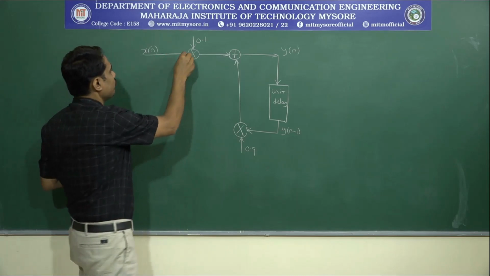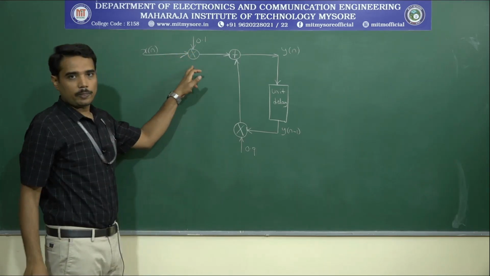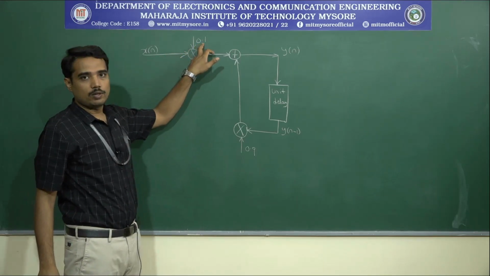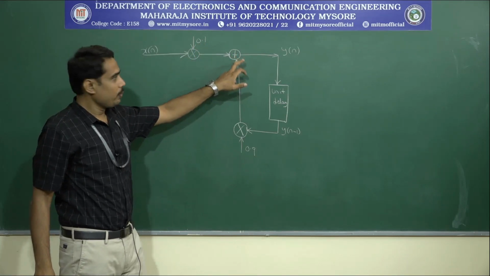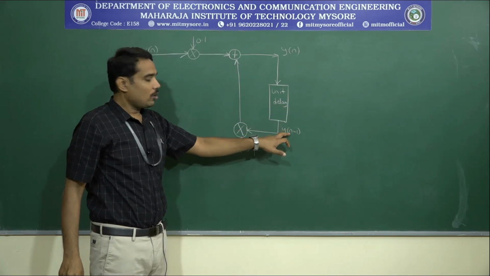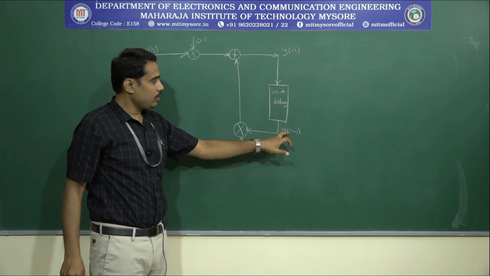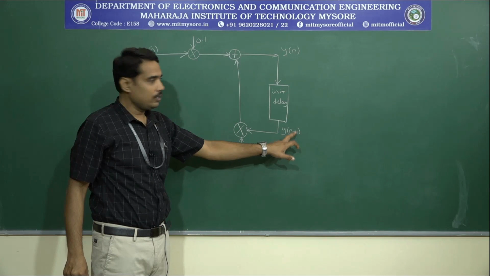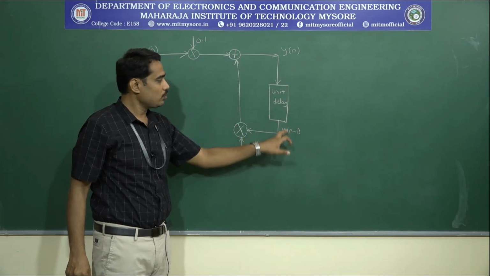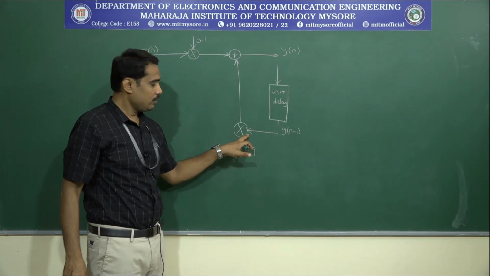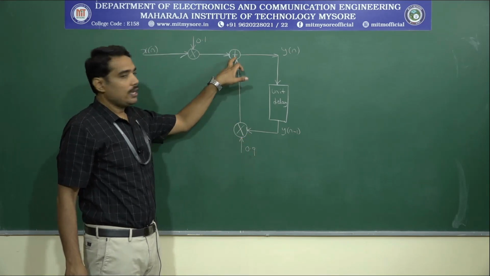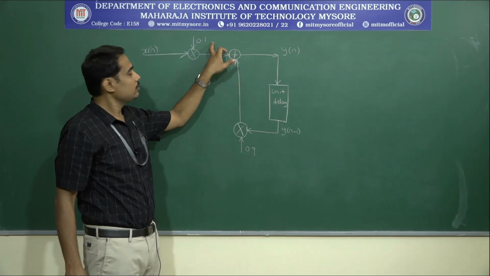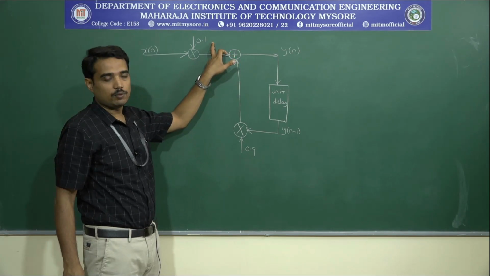This x of n is the input multiplied with value 0.1 and then it is added with the output value that is delayed by unit delay. Y of n becomes y of n minus 1 and then multiplied with a value 0.9 and then added with the present input 0.1.